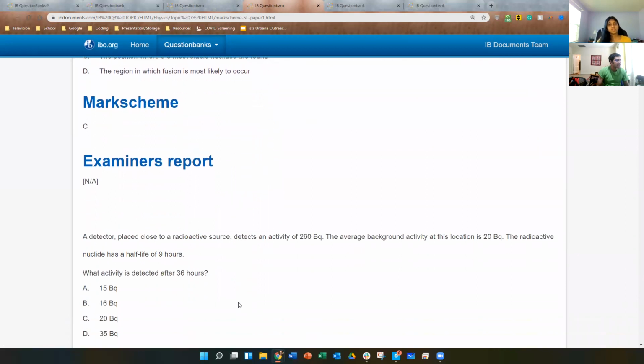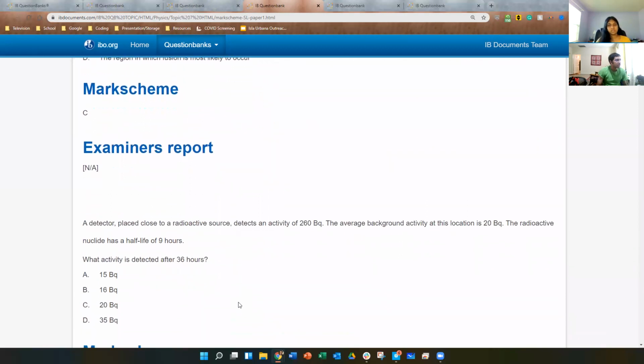A detector placed close to a radioactive source detects an activity of 260. Is it becquerels? How do you pronounce that? That's what I thought it was. The average background activity is 20, and the nuclide has a half-life of 9 hours. What activity is detected after 36 hours? That's 4 half-lives, right? Yeah.